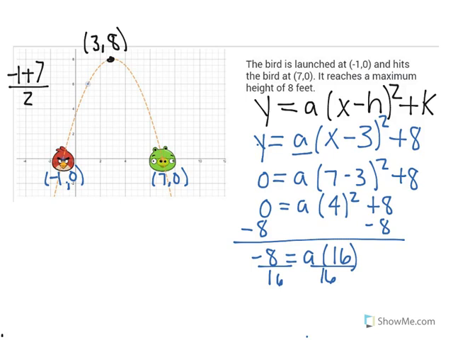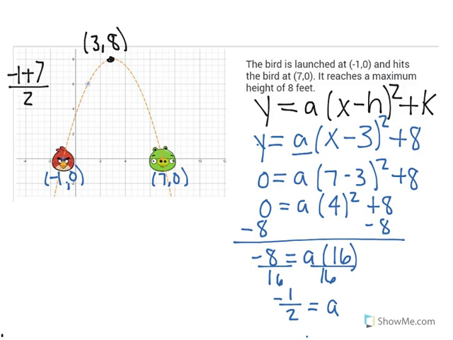So -8 over 16, that happens to be 0.5, but we actually want to leave this as a fraction. So I'm going to write it as -1/2. So you want to reduce your fraction. Our A value should be a fraction because remember, this is our stretch and compression factor.